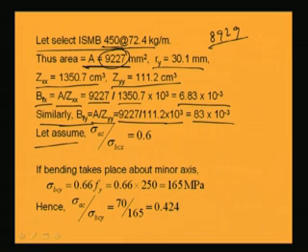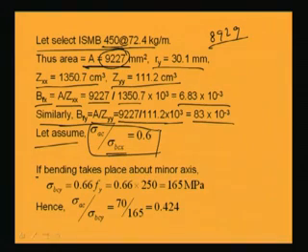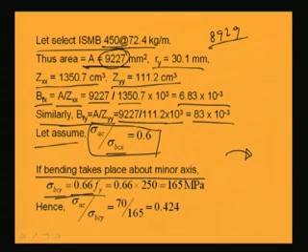Let us assume, because we do not know the value of sigma BCX, at the starting point, sigma AC by sigma BCX is equal to 0.6. And if bending takes place about the minor axis, then sigma BCY will become 0.66 Fy as per the Codal provision.